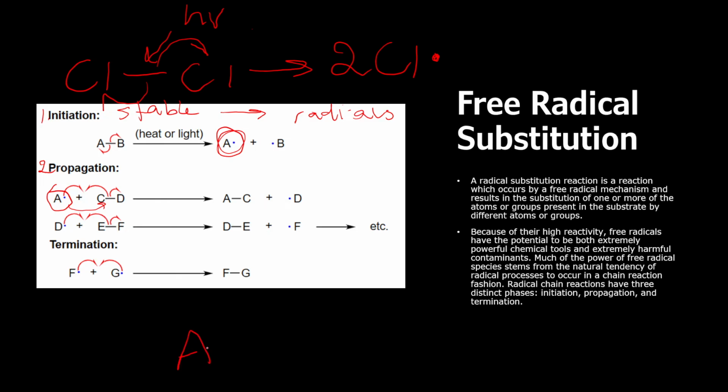So in this case, we have A radical plus C–D. A is so reactive, it will actually pull C from D. Remember that it's one electron, and we show electron movement from the electron specifically. We don't show it from A. That is wrong.